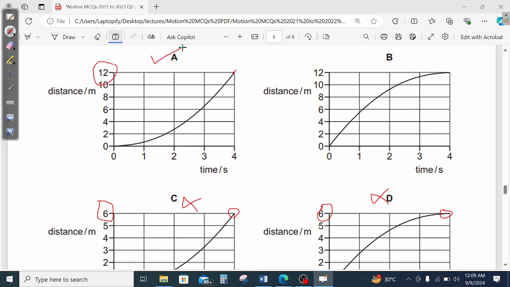So option A will be correct. If you look at B, the distance is again 12, but the curve is bending downward. It means the body is moving towards rest. So this is incorrect. You have to look at all options carefully, then you can easily understand which will be your correct answer. Is it okay?